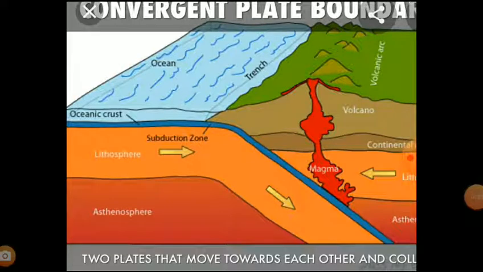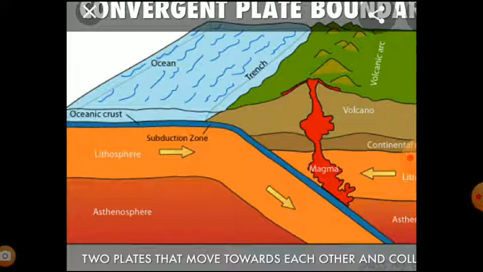There are two main tectonic plate types. They are the convergent plate and the divergent plate. So let us understand about the convergent plate. In this diagram, we can see that the earth crust is formed of ocean on one side and on the other side there is a land area.